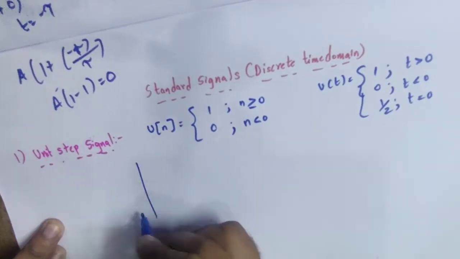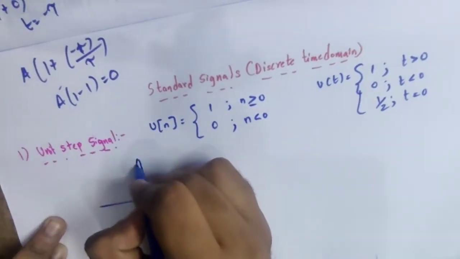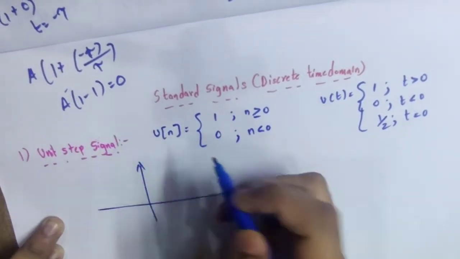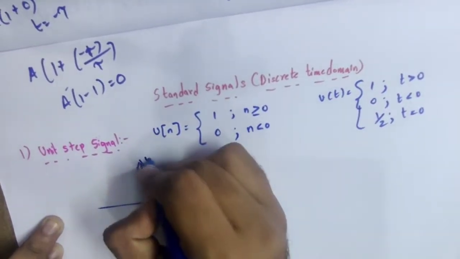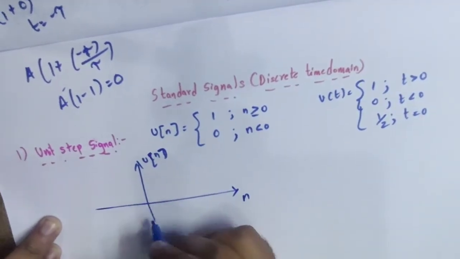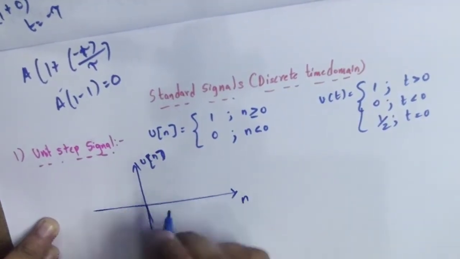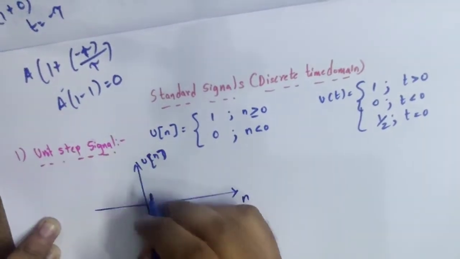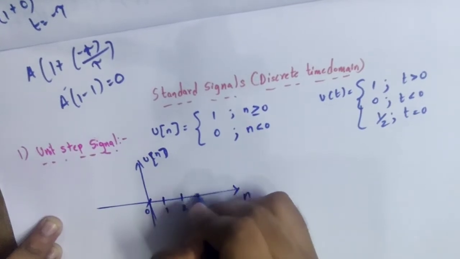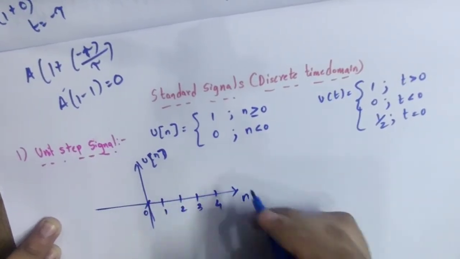Now let us draw this sequence. Signal or sequence. We will say sequence when it comes to discrete time domain. This is n and this is u of n. As you know, n values cannot be fractional values. They must be only integer values. That is why I am taking n values as 0, 1, 2, 3, 4 and so on.